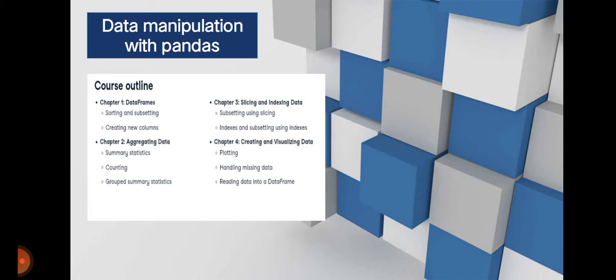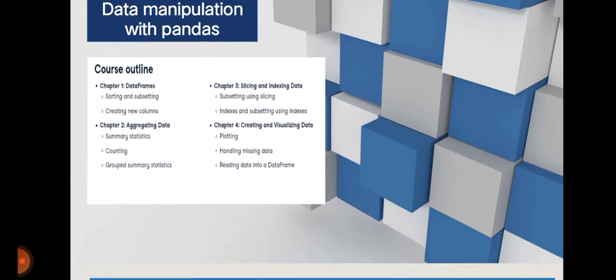In chapter 3, which is slicing and indexing data, I learned subsetting using slicing and indexing. And in chapter 4, which is creating and visualizing data, I learned how to plot data, how to handle missing data, and how to read data into a data frame.